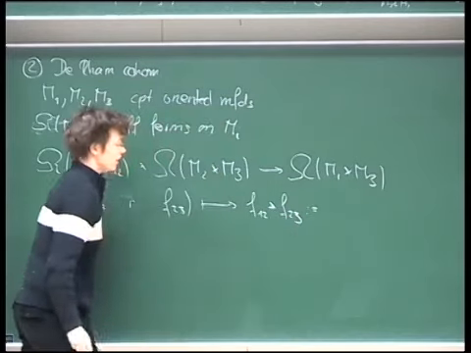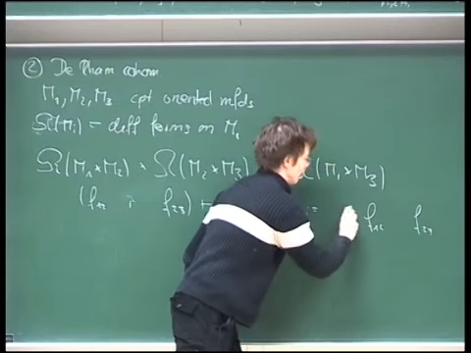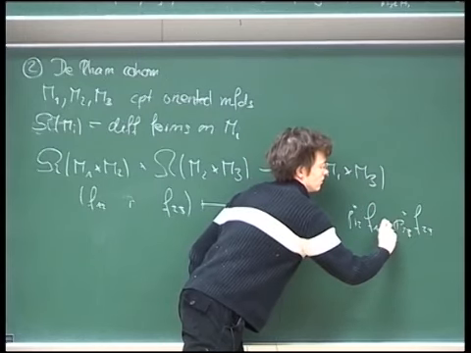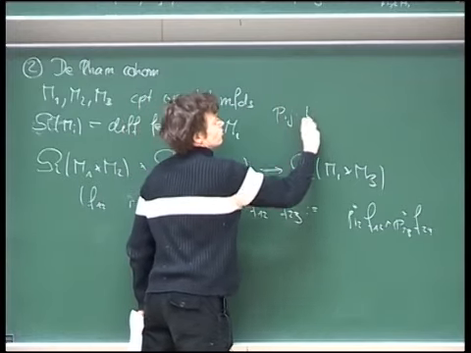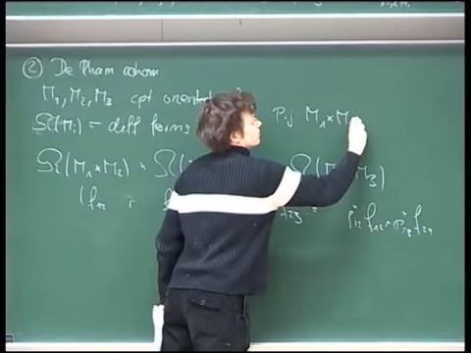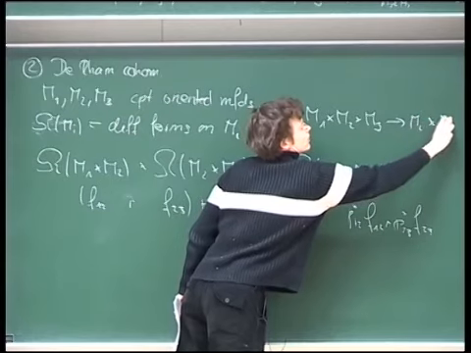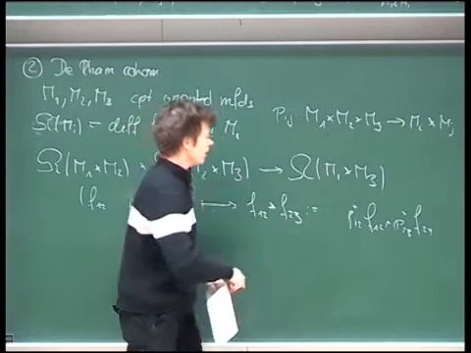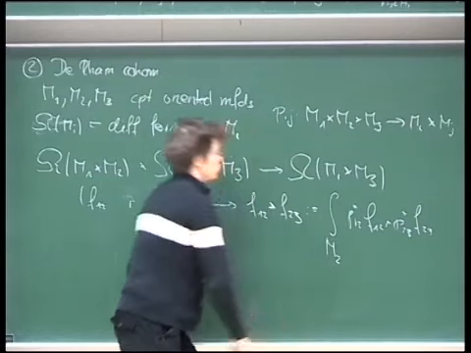By definition, I take the forms f12 and f23 and pull them back to the triple product, where p_ij is the projection from the triple product to Mi times Mj. So I pull both of these back to this triple product, and then I integrate afterwards over M2.